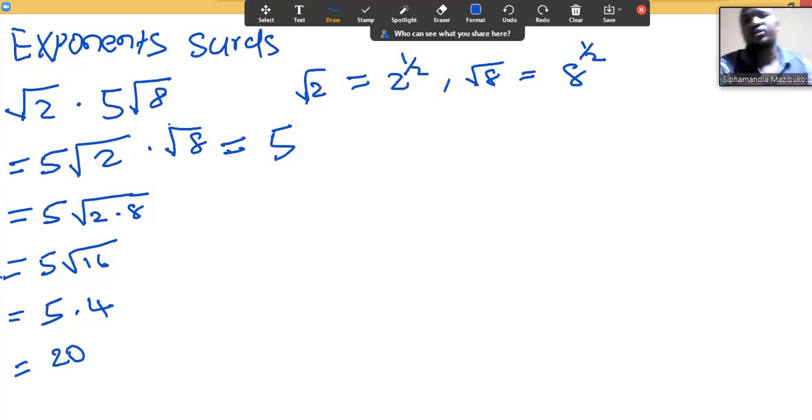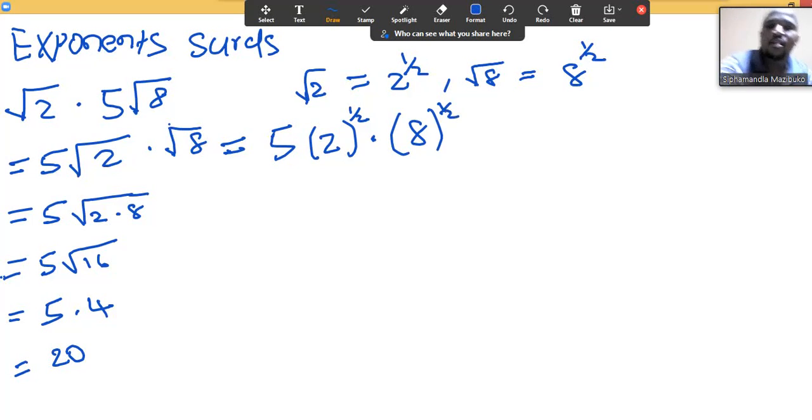Okay, so that's what we're doing here. To do it slowly or step by step, we change the root 2 to 2 to the power half multiplied by 8 to the power half.